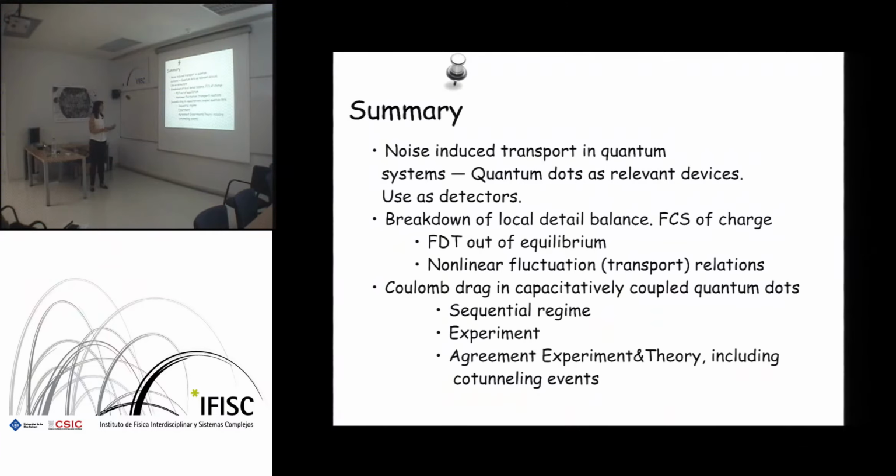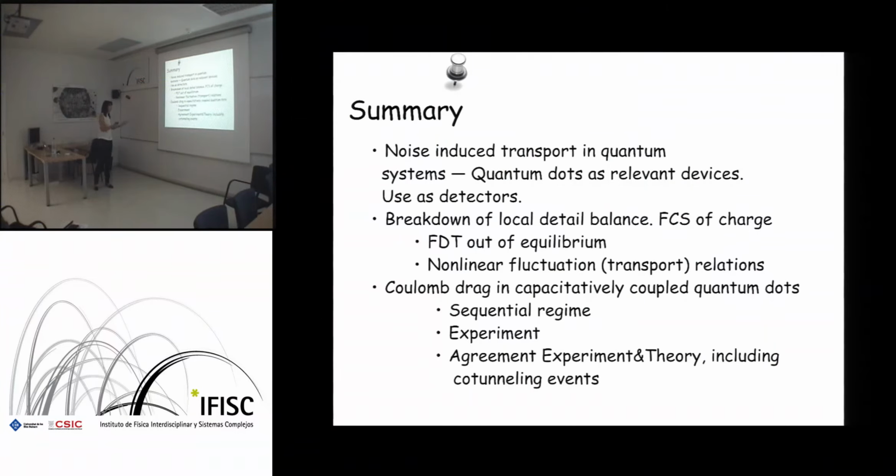These systems are also systems in which some conditions that people assume to derive the fluctuation dissipation theorem out of equilibrium are not fulfilled. But even if these conditions are not fulfilled, we are able to recover some nonlinear fluctuation relation between the noises, nonlinear conductances, etc.